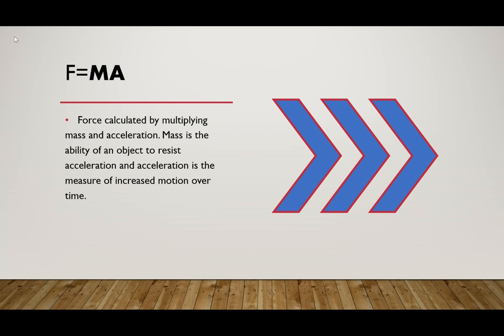Mass is in kilograms, acceleration is in meters per second squared, so kilograms times meters per second squared is what we're going to be looking at. Now, what is mass? Mass is an object's ability to resist acceleration. So mass is a measure of what we call inertia. Inertia is an object's resistance to change in motion.